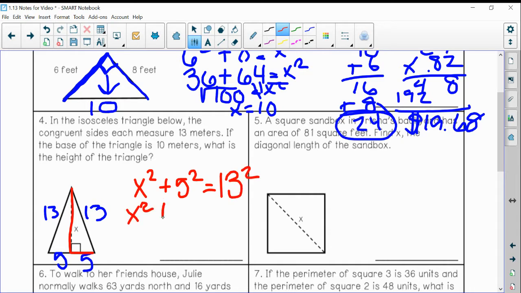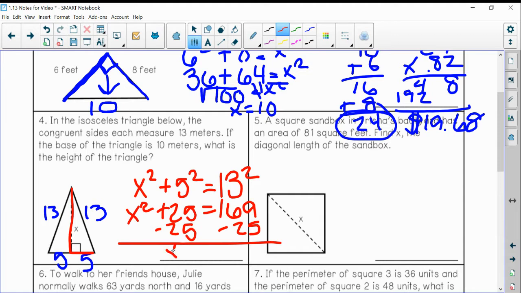So x squared plus 25 equals 169. 169 minus 25 is x squared equals 144. So we're going to go ahead and take our square root of both sides. And this height is 12.